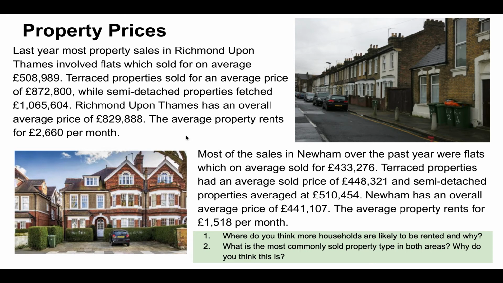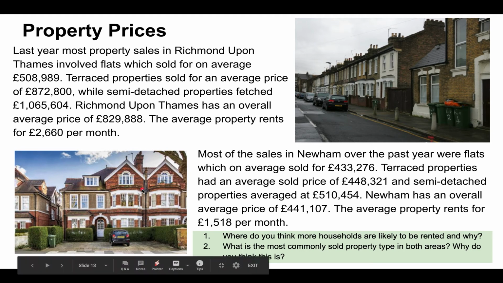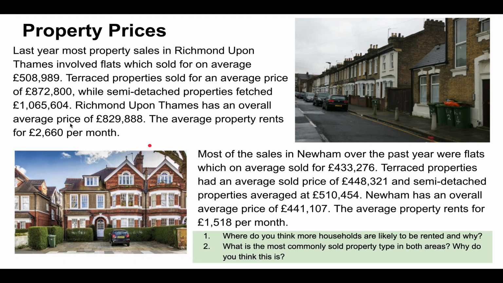Terraced properties, so a terraced property would look like this, where it's got neighbours on both sides, okay, sold for an average price of £872,000, okay, so more than £750,000, while semi-detached properties, which is down here, okay, so semi-detached means that on one side they're joined up, and on the other side, they are detached. They're separate. Okay, so semi-detached property fetches over £1 million on average.